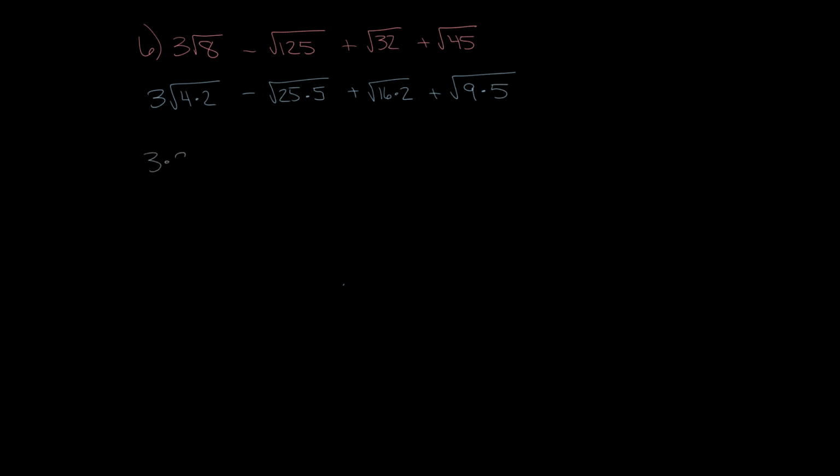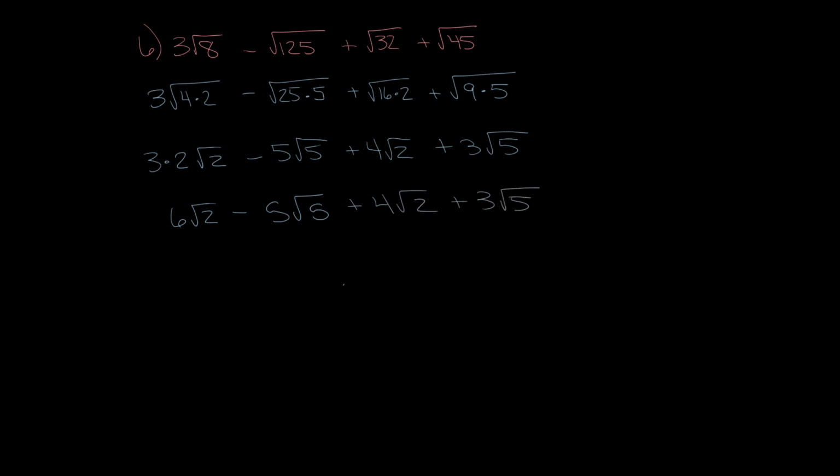The square root of 4 is 2, so I'm going to leave that for now. The square root of 25 is 5. The square root of 16 is 4. The square root of 9 is 3. Now let's combine the 3 times 2 and get 6 square root of 2. And then I'm just rewriting the rest because it's already simplified.